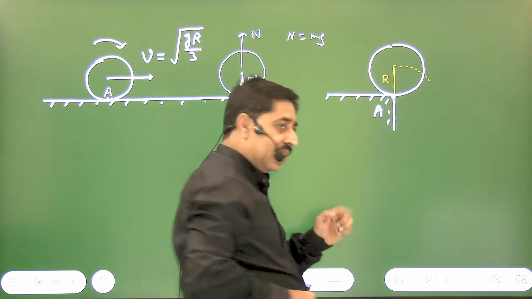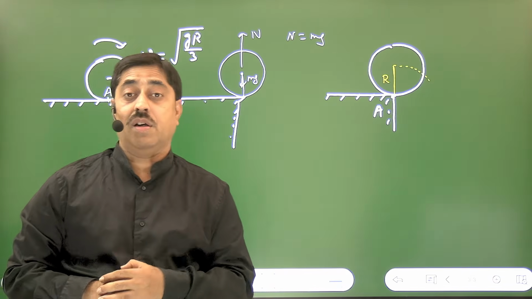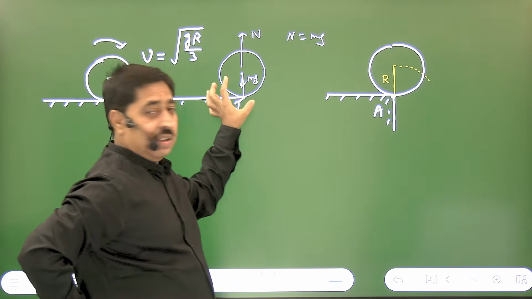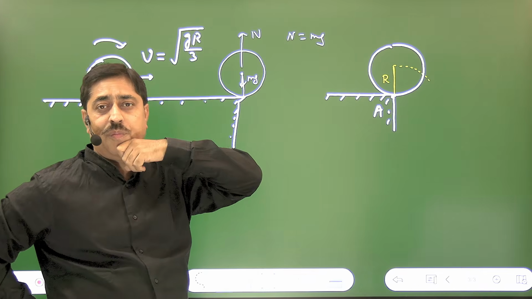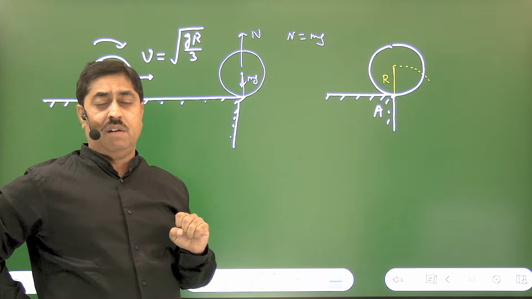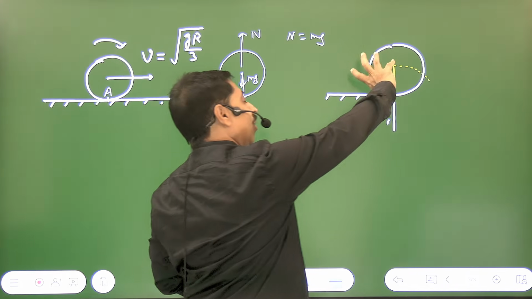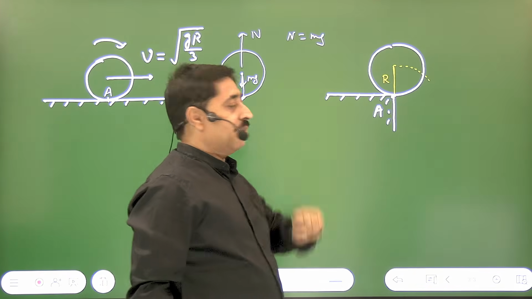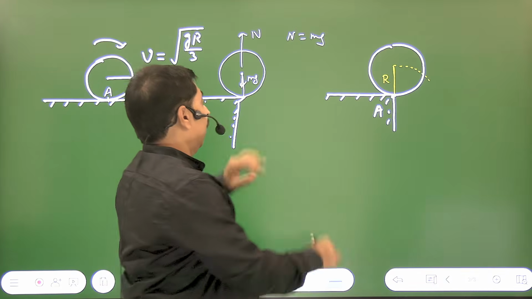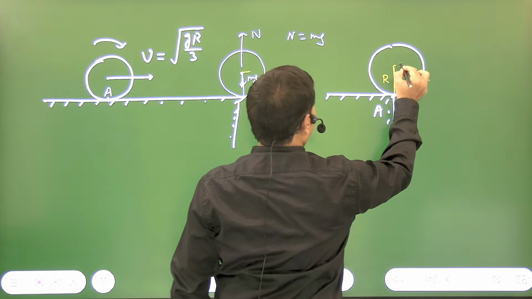It has just started rotating in a circle of radius r. Just before this, center of mass is simply moving horizontally. A microsecond later, the center of mass is now rotating on a circle of radius r, which is centered at this point. The speed of the center of mass is still this v only.